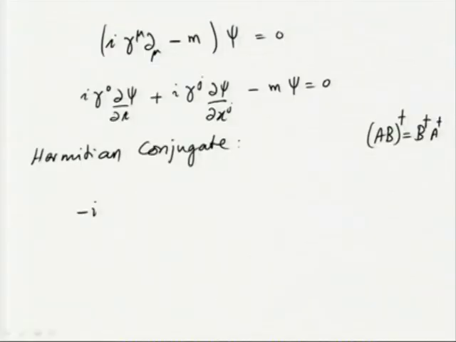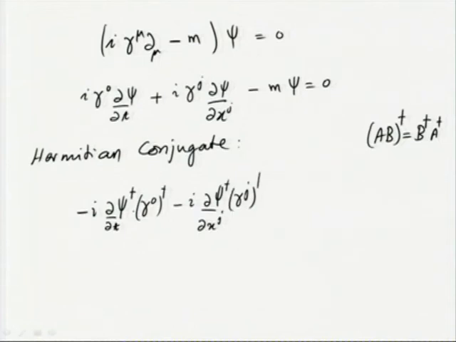So, this Dirac equation will give you minus dou by dou t of psi dagger. The complex conjugation or the transpose will not affect dou by dou t. So, it is actually psi dagger that will be affected, and then the second one is gamma 0, so gamma 0 dagger, minus i, in a similar way, dou x j psi dagger gamma j dagger, minus m psi dagger equal to 0.